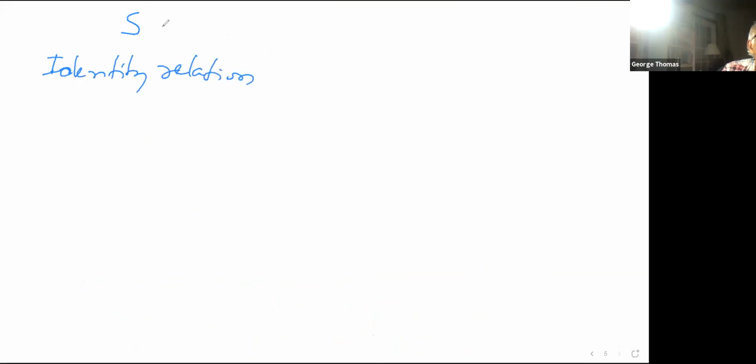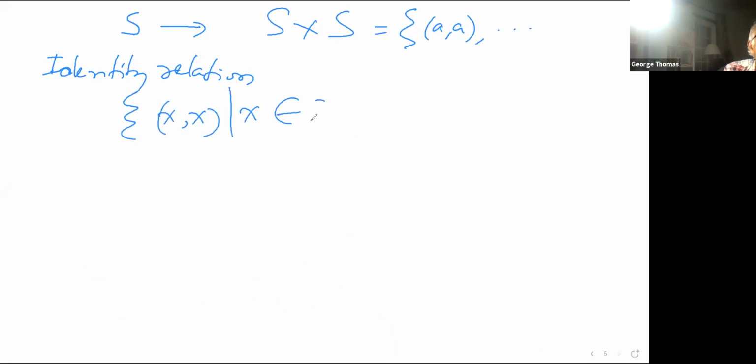From S, I go to S cross S. In S cross S, I have all kinds of pairs. The identity relation consists of XX, where X comes from S. Identity relation means just the reflexive ones. This is a partial order on any set.